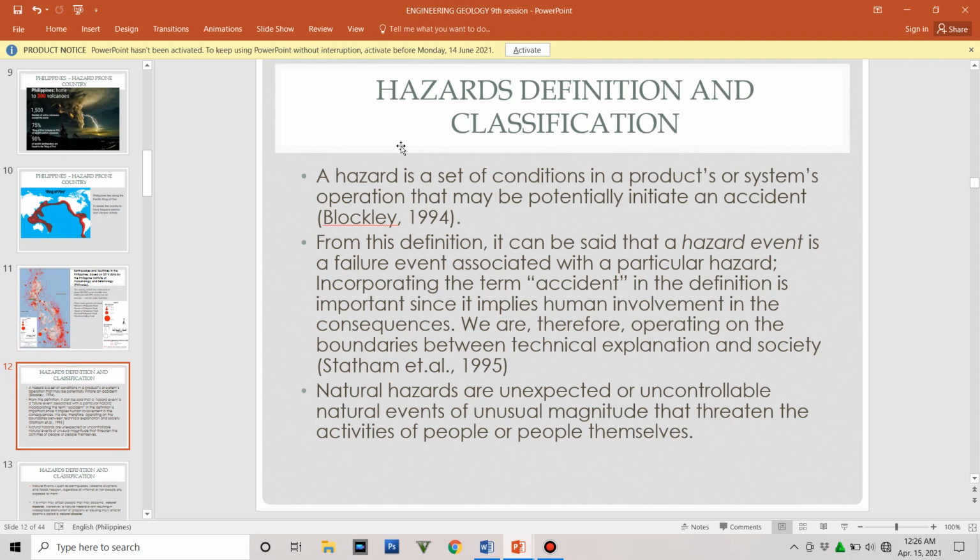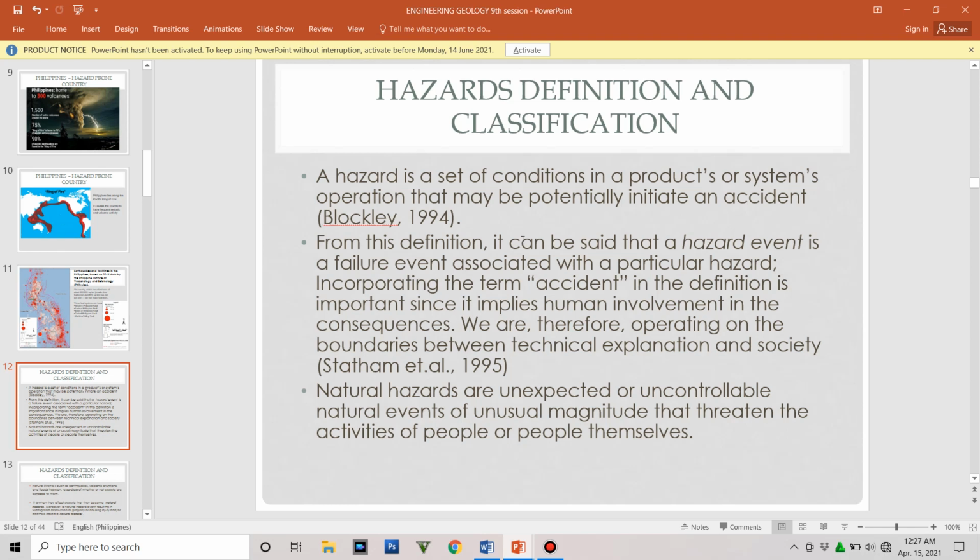So hazard definition and classification. A hazard is a set of conditions in the product's or system's operation that may potentially initiate an accident. So let us highlight here the term potentially, okay, and the set of conditions. So from this definition, it can be said that a hazard event is a failure event associated with a particular hazard.